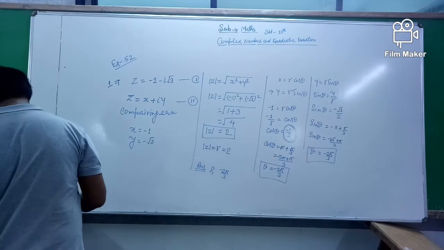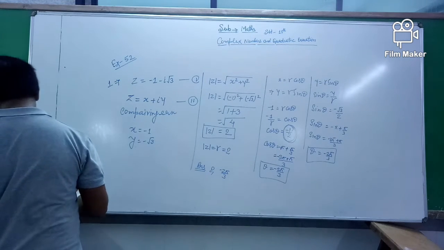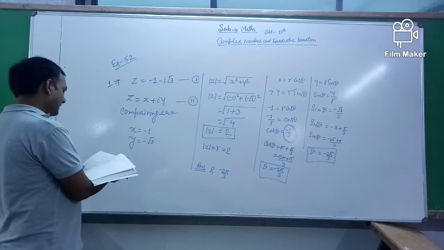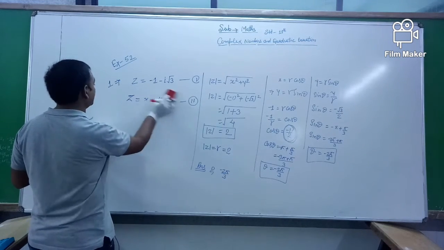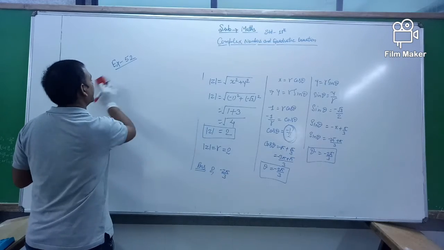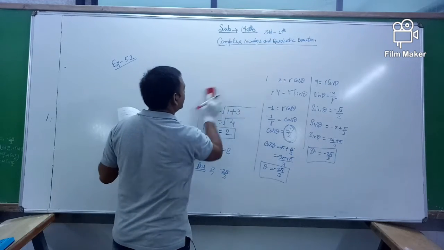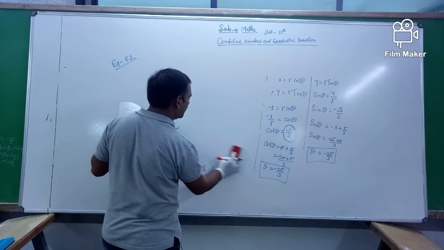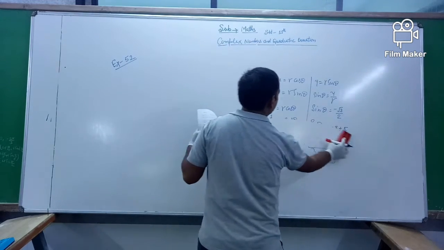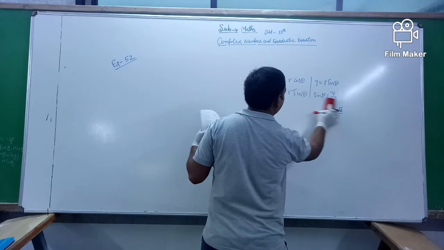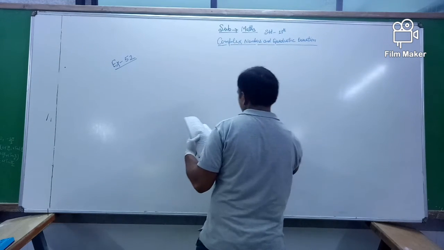Next question, here the question is convert each of the complex numbers given in exercises 3 to 8 into polar form. How can you convert these into the polar form? The complex number is given and you convert it into the polar form.